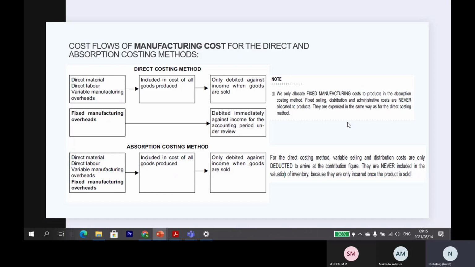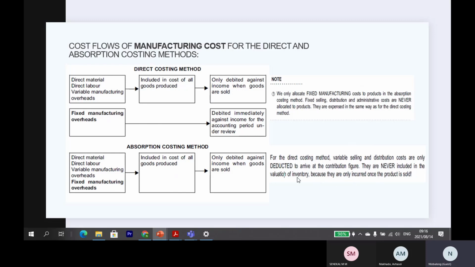For the direct costing method, variable selling and distribution are only deducted to arrive at the contribution figure, which is the margin. So the variable selling costs form part of your contribution calculation.